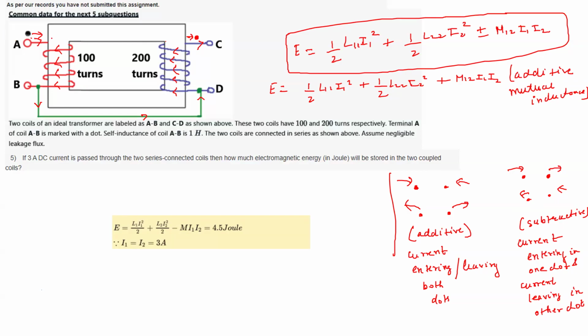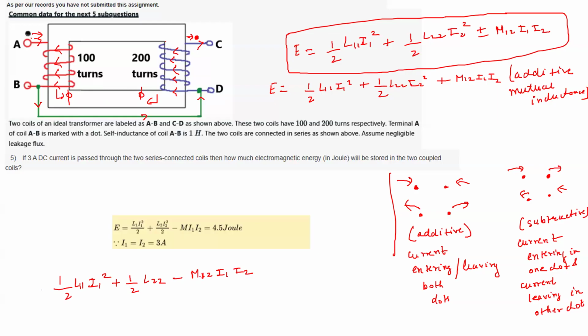Lenz's law says that the flux due to this coil and the flux due to this coil should oppose each other. So it means subtractive, opposing. So the energy becomes like this.